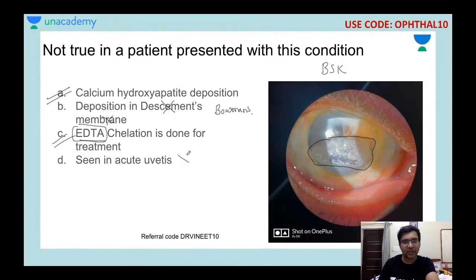It is seen in acute uveitis. This is also wrong. It is not seen in acute uveitis, it is seen in patients with chronic uveitis. So both B and D are the correct options here. Why have I put this question? Because in the INI-CET, you can have some questions which have multiple correct answers.